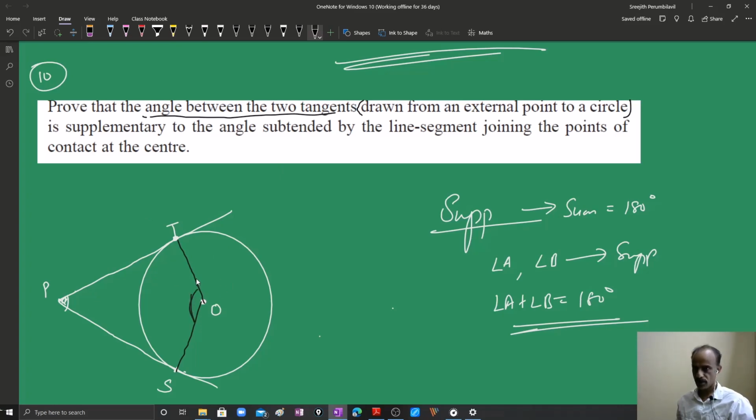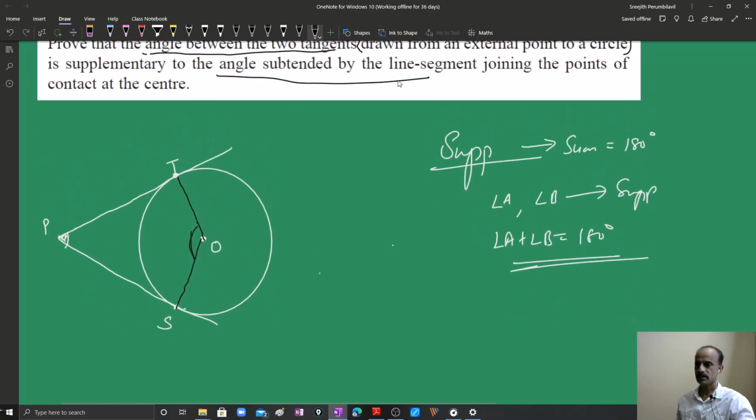I repeat, prove that the angle between the two tangents is supplementary to the angle subtended by the line segments joining the points of contact at the center. So P and O are supplementary, that means we have to prove that angle P plus angle O is equal to 180 degrees.